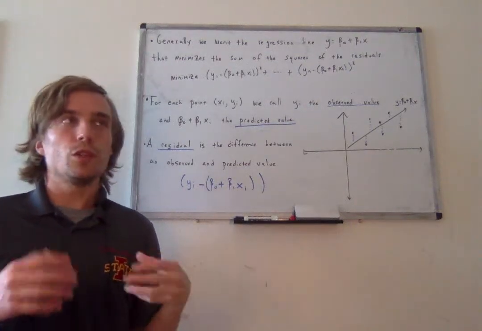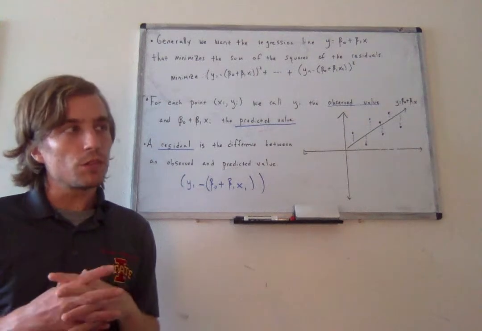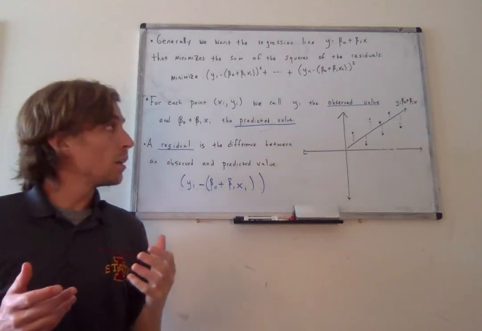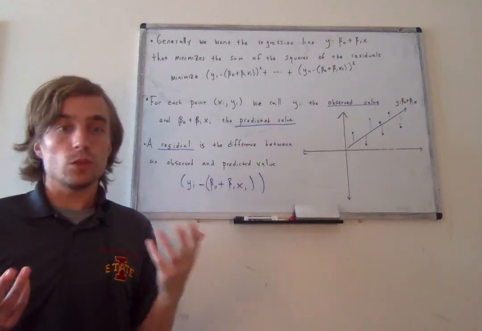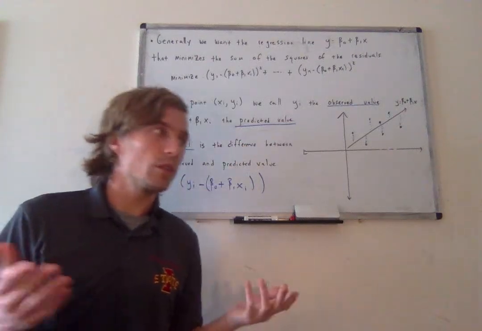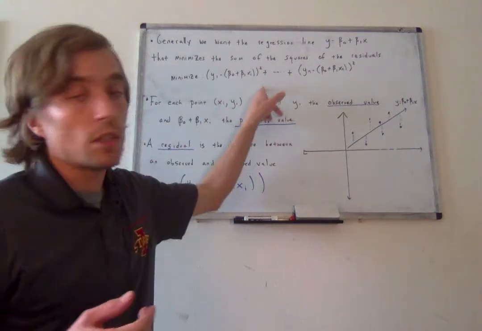You might say maybe you could minimize the sums of the absolute values of the differences, and that might make sense. But it turns out if you minimize the sums of the squares, as we'll see in a second, we have a really nice way to do it using linear algebra.